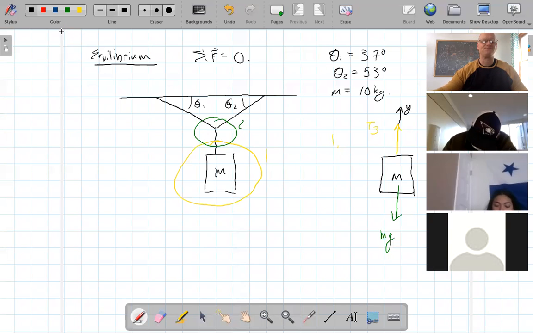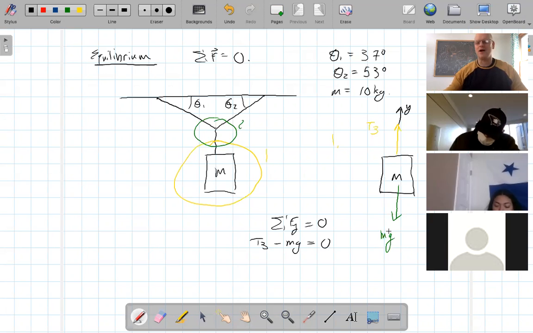So the sum of the forces in the y direction is equal to 0. Here I have T3 minus mg is equal to 0. T3 is positive because it's in the direction of positive y. Mg is negative because it's in the opposite direction. So this tells me that tension 3 is simply equal to mg. Since the mass is 10 kilograms, this is going to be 98 newtons. So this is the tension in the 3rd string.